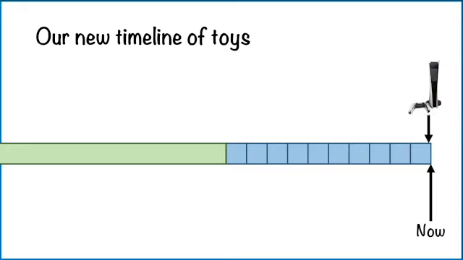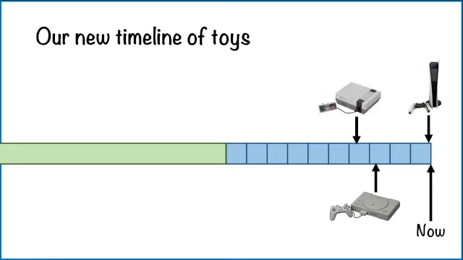The PS5 was released very recently, so on our timeline, it's very close to now. The original PlayStation was released when I was in primary school, so it is further away from now than the PS5. The original Nintendo, called the NES, was released just before I was born, so it is the furthest away from now. This means it is the oldest.